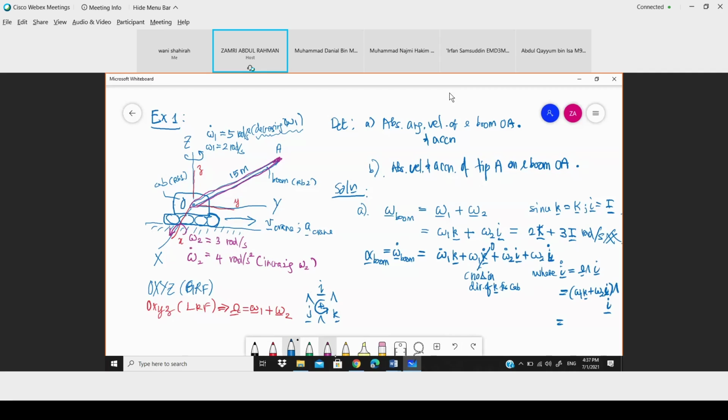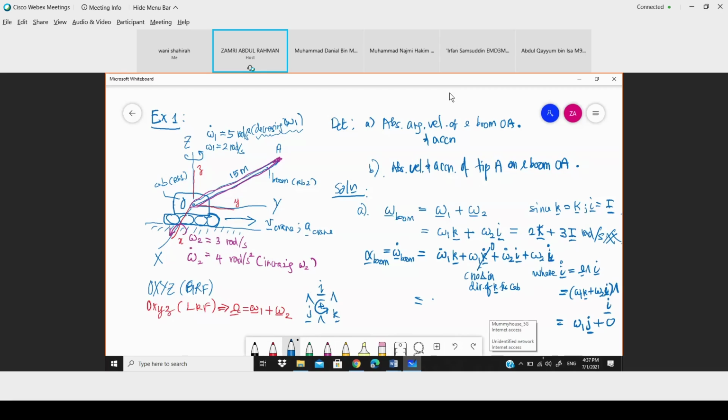So we have k cross i, which gives positive j. So you have omega 1 j. And the second term, omega 2 i cross i, will be 0. So now you can substitute the terms accordingly.